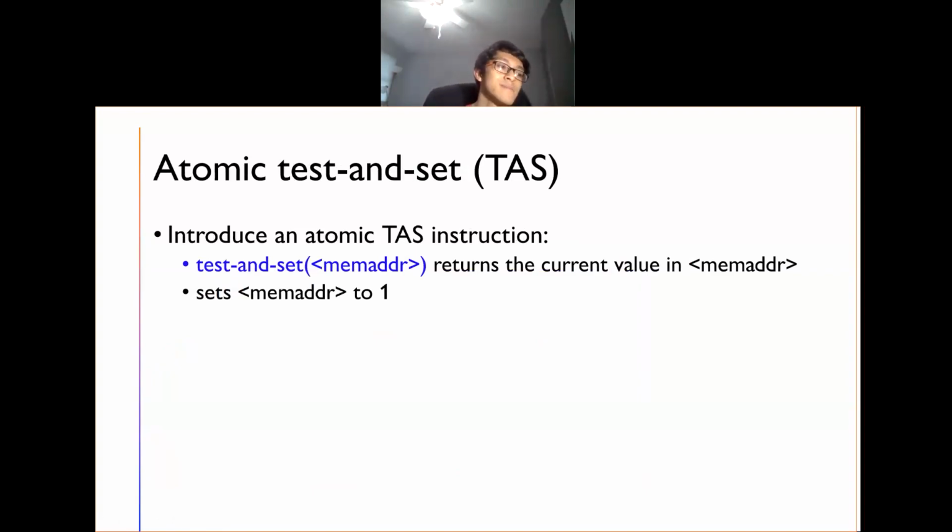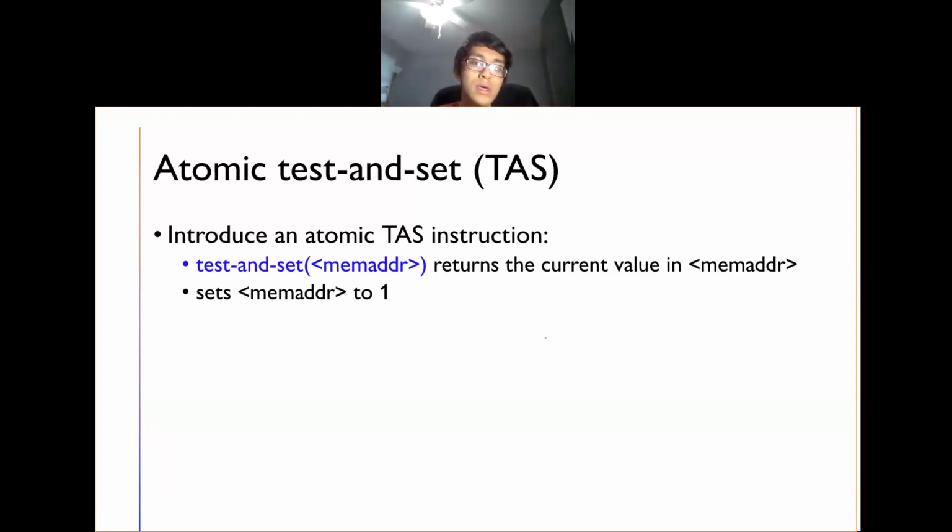So aside from add, addi, save word, load word, you add one more instruction which we call the test and set instruction, or TAS for short. And this instruction, by definition, is atomic. So whenever it's running, no other threads can preempt or interrupt this instruction.